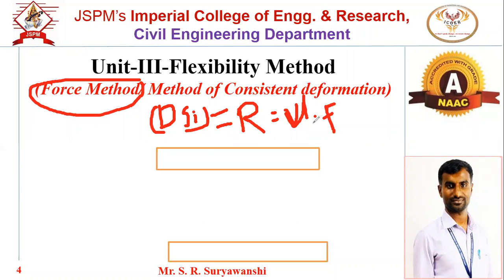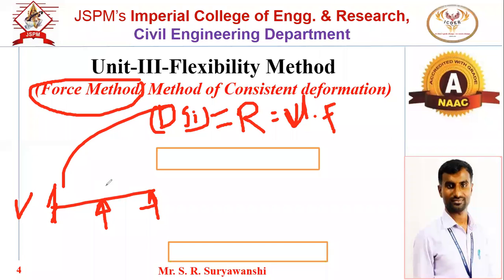Suppose the structure is a continuous beam. Now, the structures you study in this SA2 are all statically indeterminate, and if a structure is statically indeterminate, it will have a DSI. Suppose for this particular case there are 5 unknown forces.